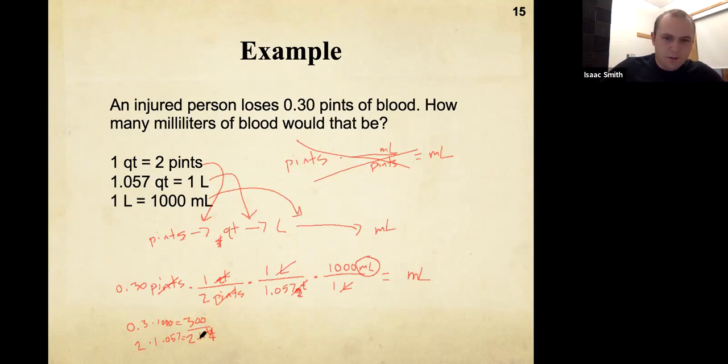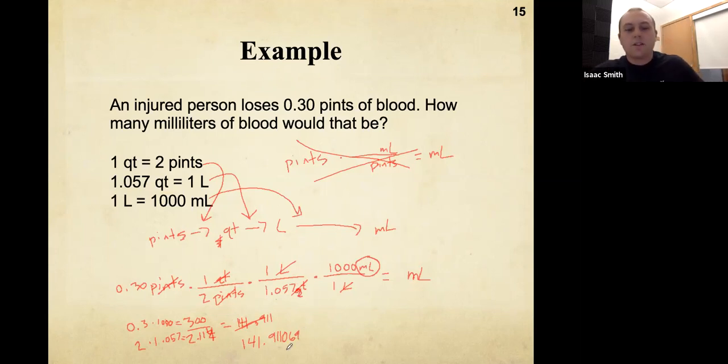So once you have these two numbers, you can go back into your calculator and do 300 divided by 2.114. And the answer there is 141.911069.